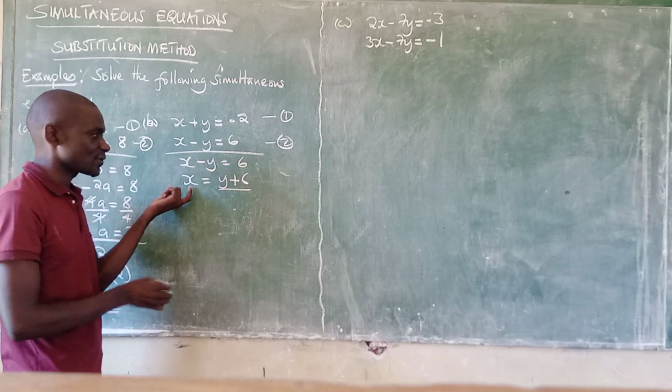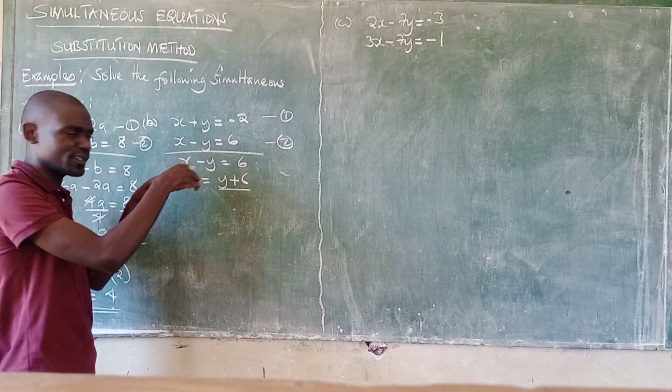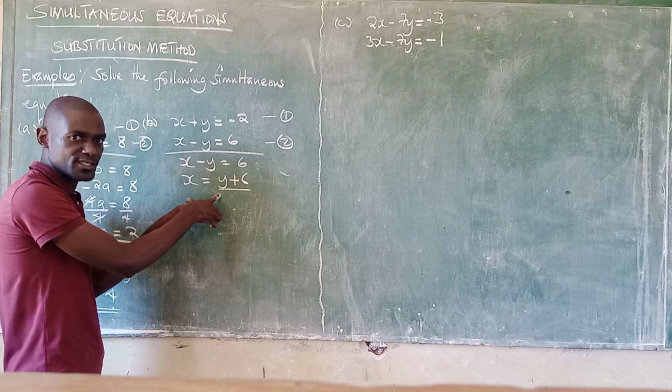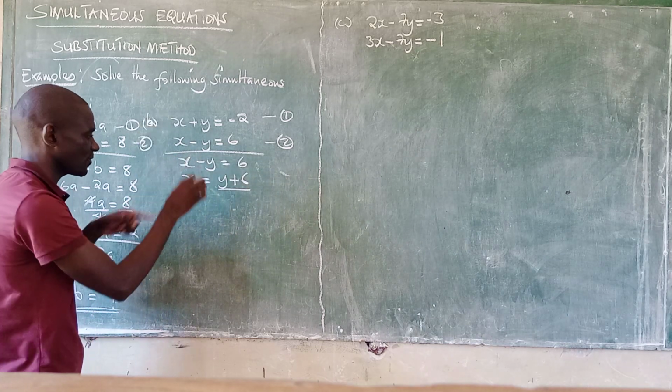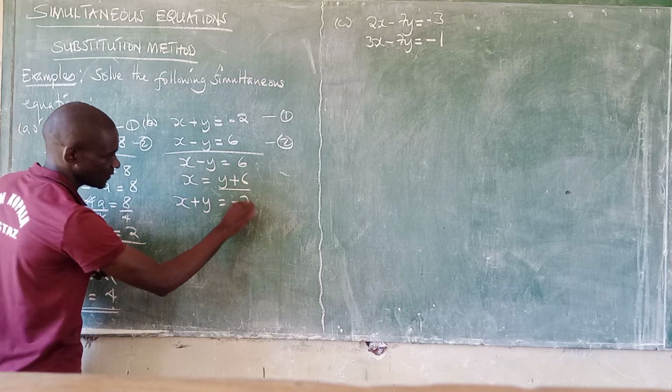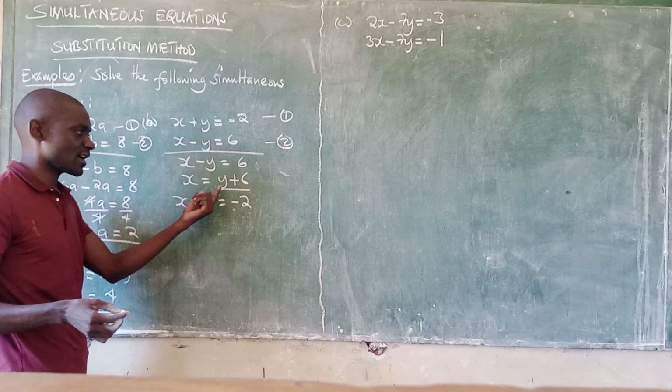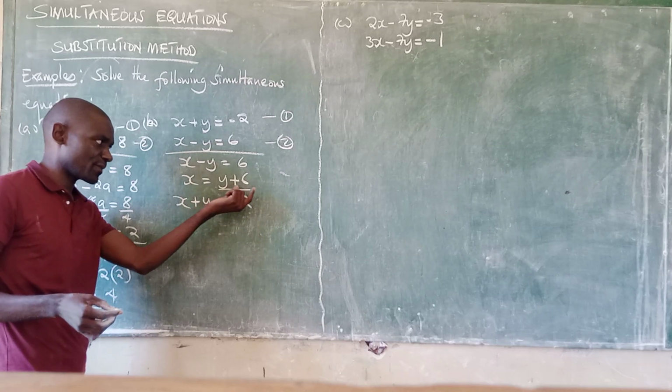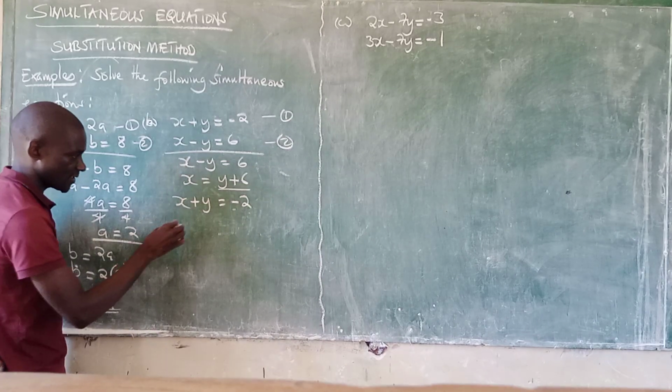That is the x. So we'll now go to the other equation, not the one that we used to come up with this, but the other equation, which is equation 1, and that is x plus y equals -2. So where there is x, we are going to put this value, y plus 6.